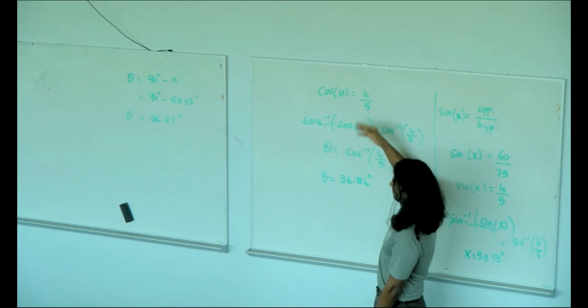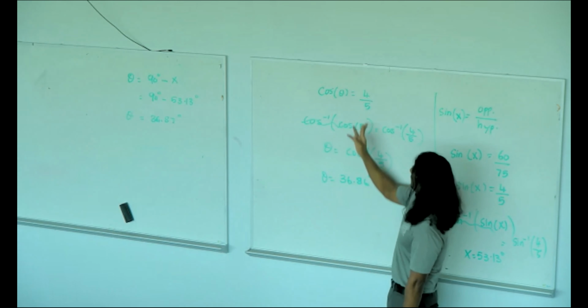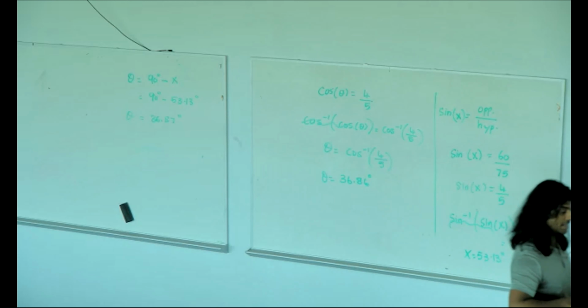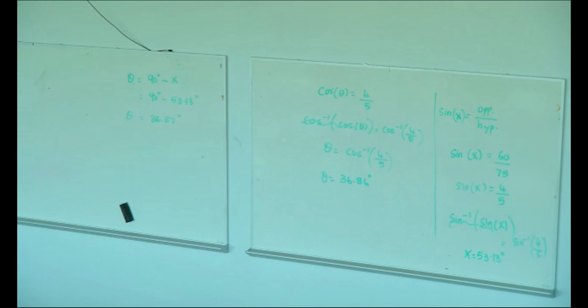Same over here: if cosine theta ends up being a number bigger than 1 or less than -1, something is wrong. The range is -1 to 1.